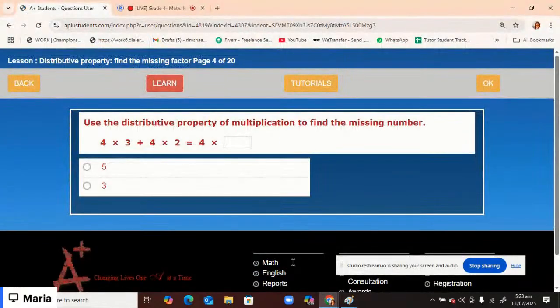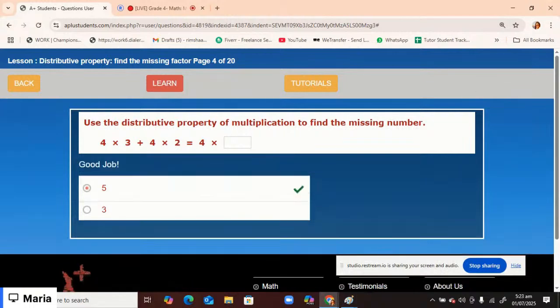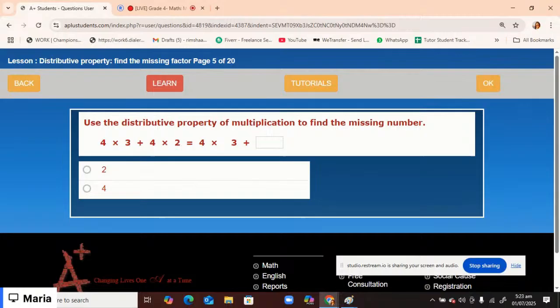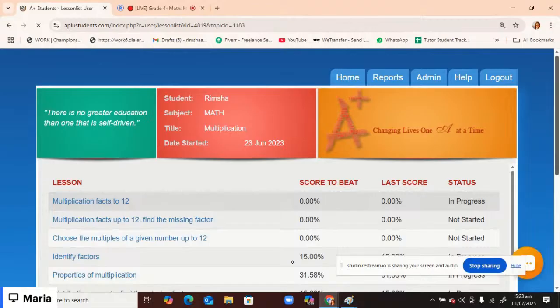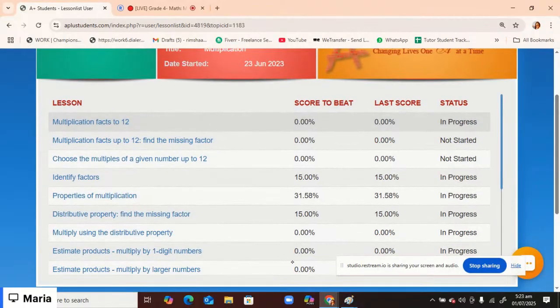Okay, 4 is given here, 5 is missing, so we put 5. So I hope you guys understand this lesson as well. So let's discuss the next lesson. Solve the rest of the test questions by yourself.